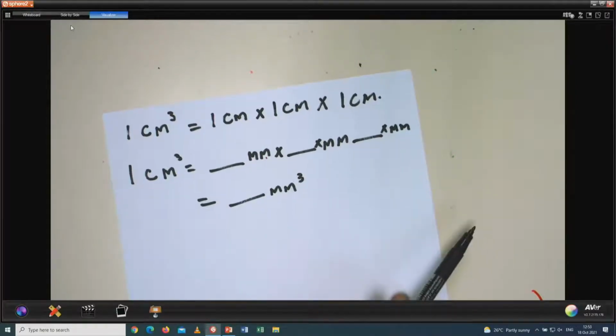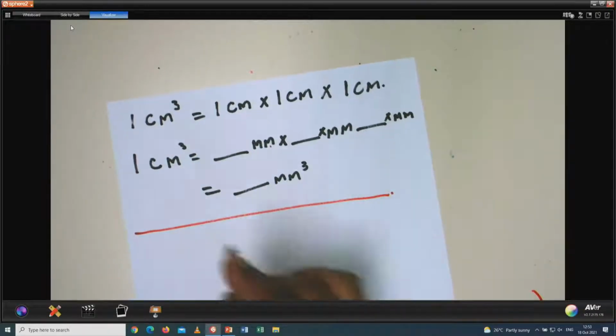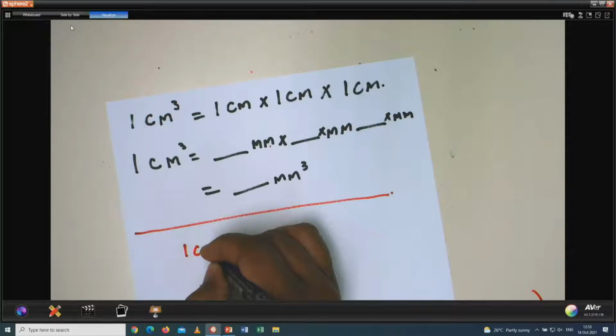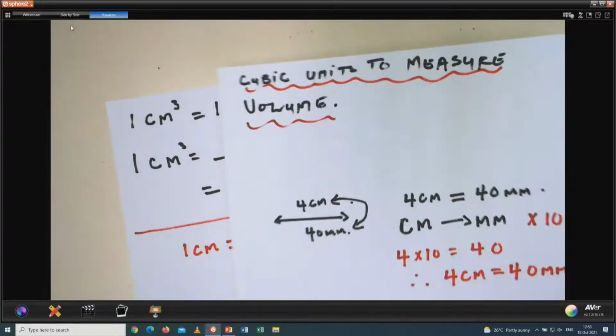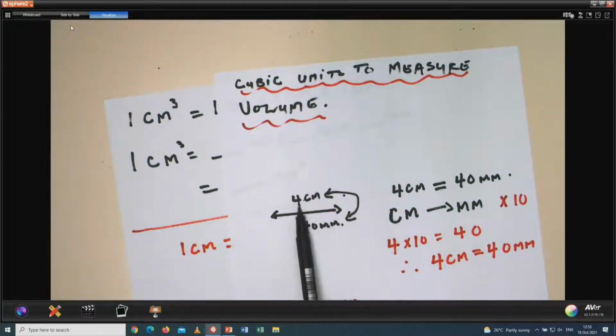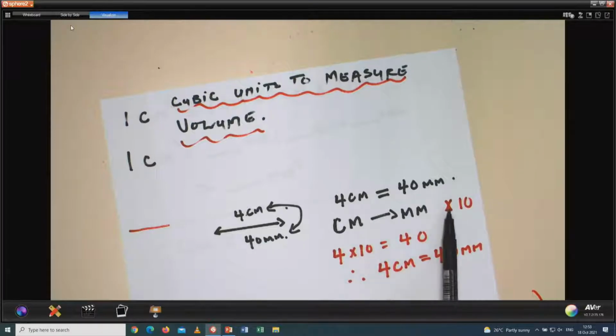Now remember, in grade 6, we saw when we were making use of a ruler that 4 centimeters is the same as 40 millimeters. What is the relationship? We multiply by 10. So 4 times 10 is 40.